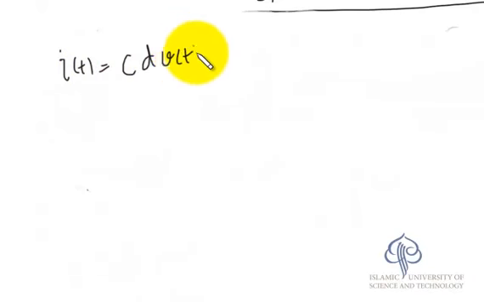The differential equation of the capacitor is It is equal to C dVt by dt. You can write this in the integral form by again taking this dt on the left hand side, dividing by C, and then integrating on both the sides.